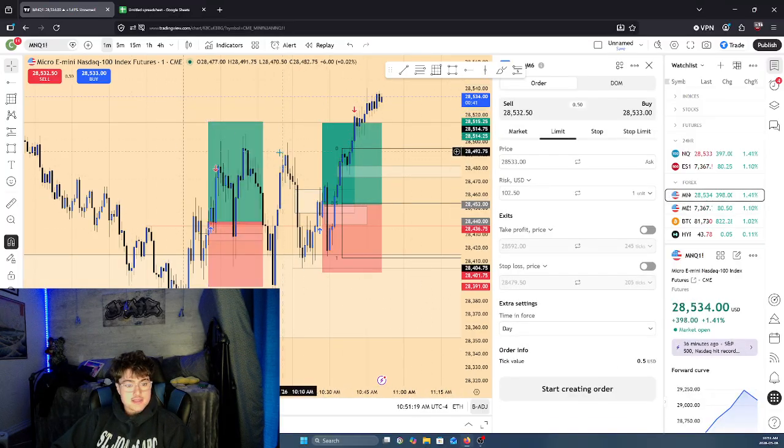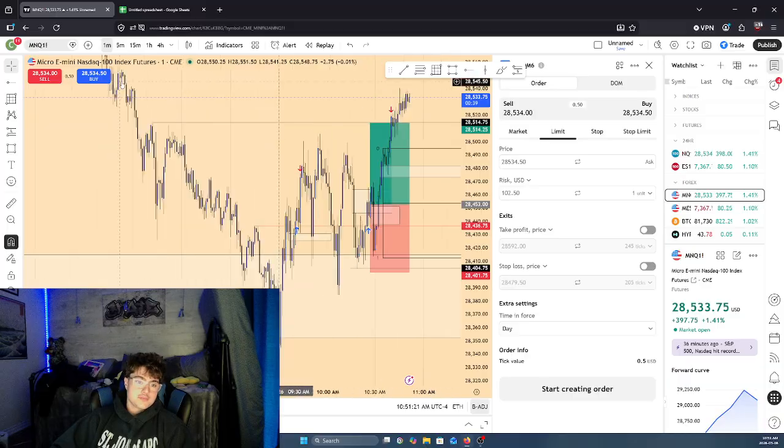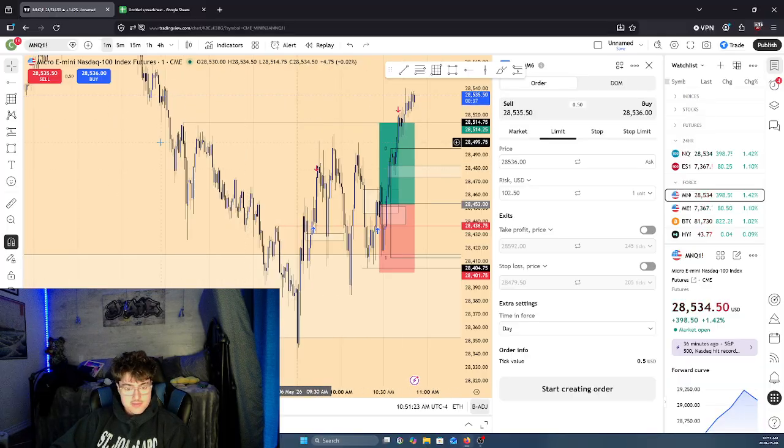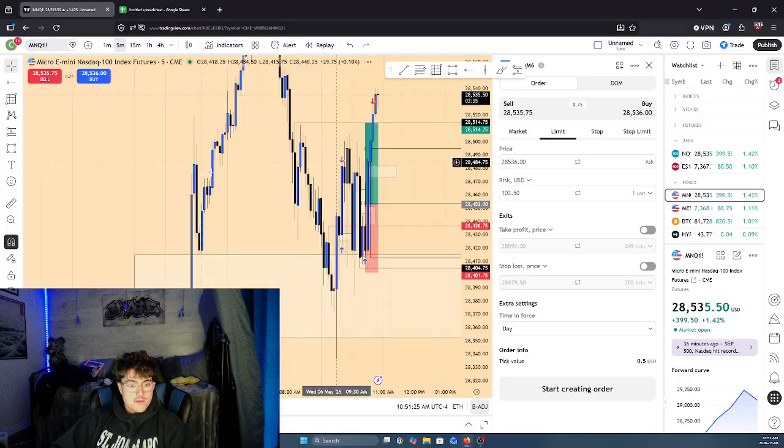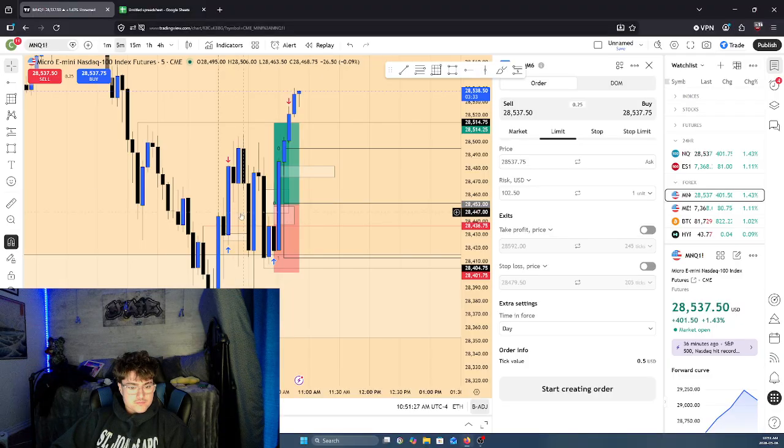It's alright though, because Nasdaq actually gave us an entry to these relative equal highs once again. On the 5-minute, throughout this chop, we remain bullish. Not once do we break structure to the downside.